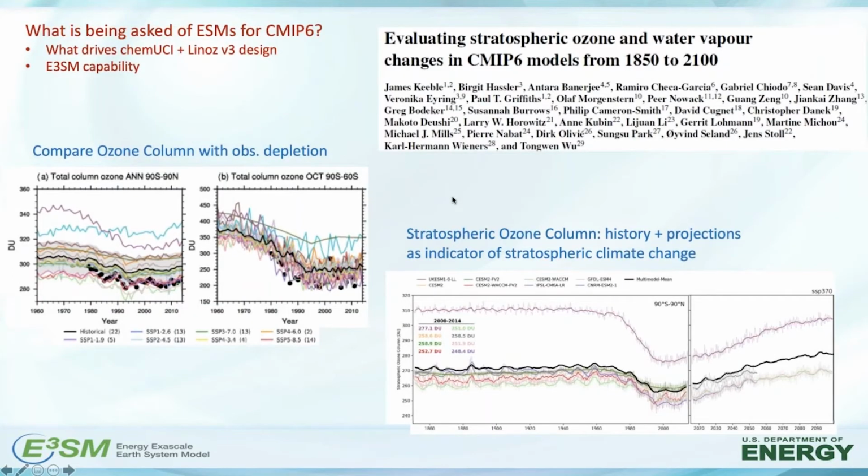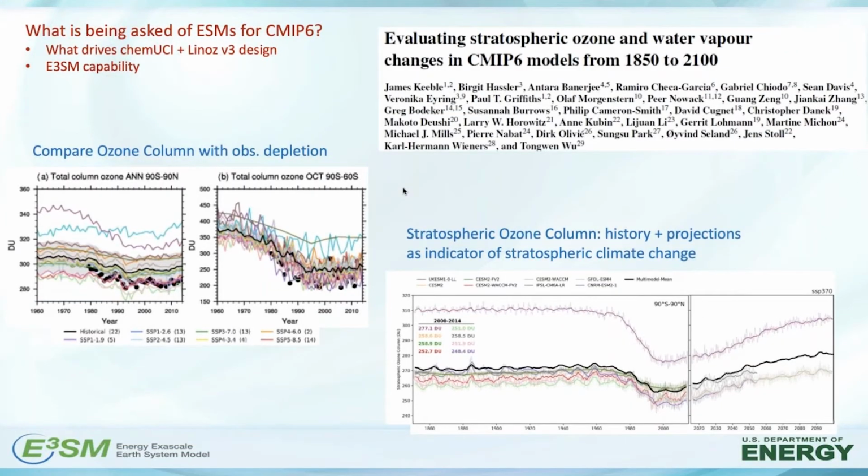So we aim to design ChemUCI and Linoz version 3 for the major CMIPs. What are mainly evaluated are the existing CMIP6 emissions? We cannot do that with the old E3SM versions, but we'll be able to enable them for E3SM version 3.